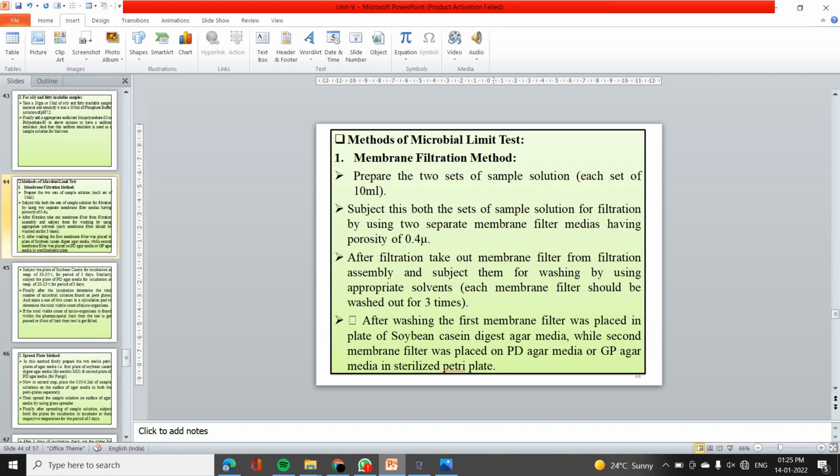These two media are placed in petri dishes, and we add both parts of the membrane filter: one part in soybean casein digest media and the other in potato dextrose agar media.